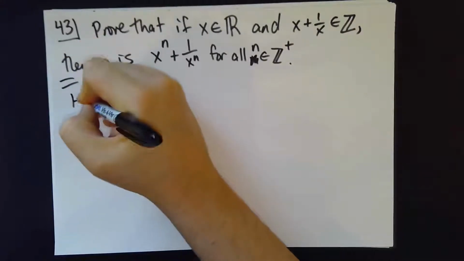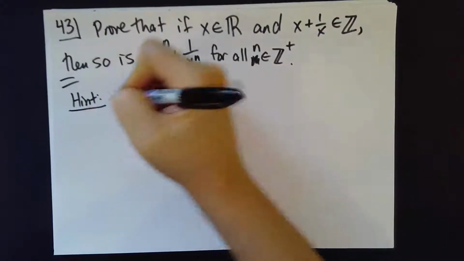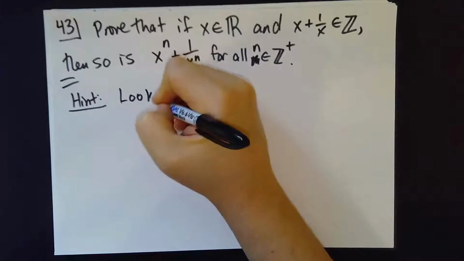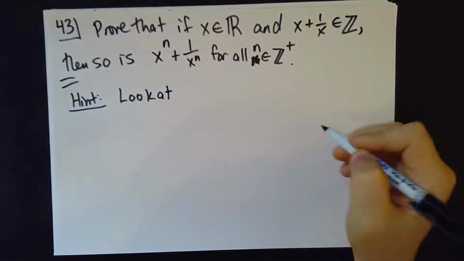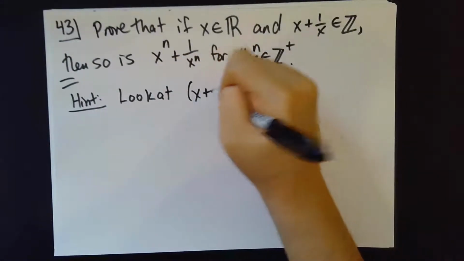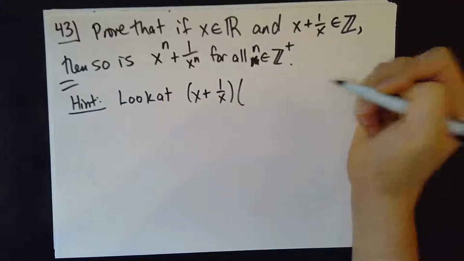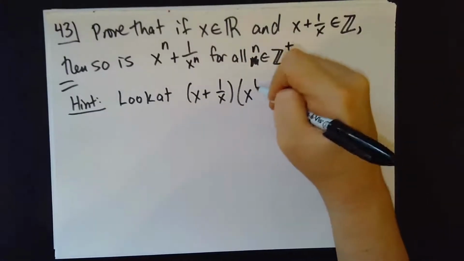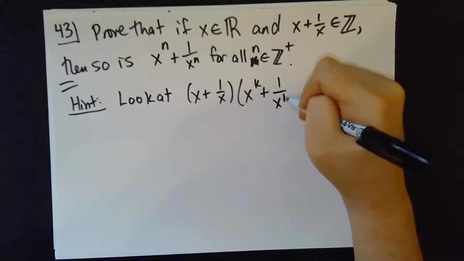Okay, and so the hint here is to look at x plus 1 over x times x to the k plus 1 over x to the k.